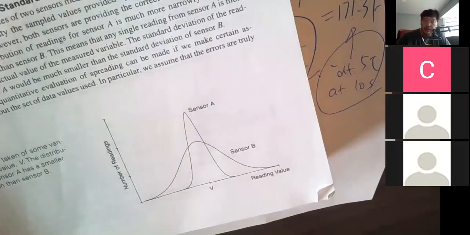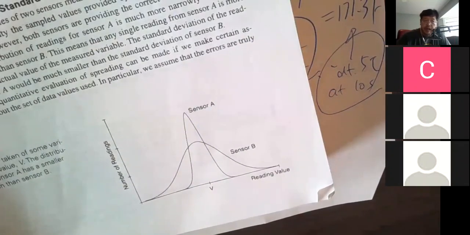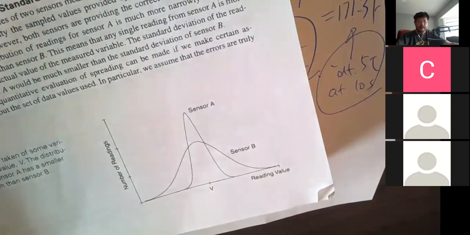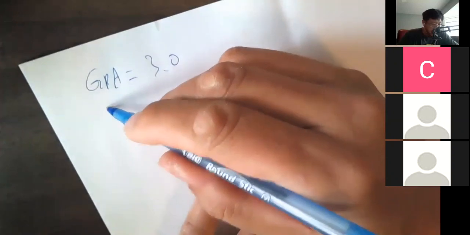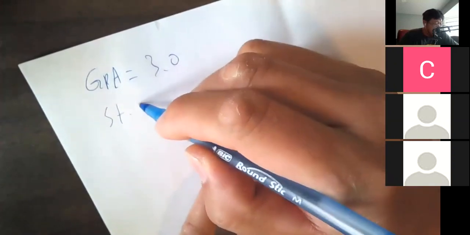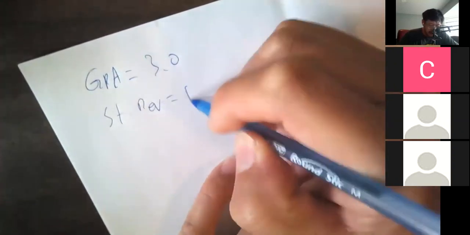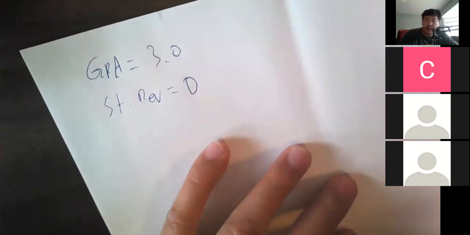For example, your GPA. If your GPA is equal to 3.0, that's your average. If your standard deviation is 0, what does that imply?